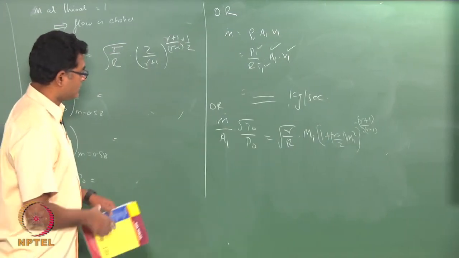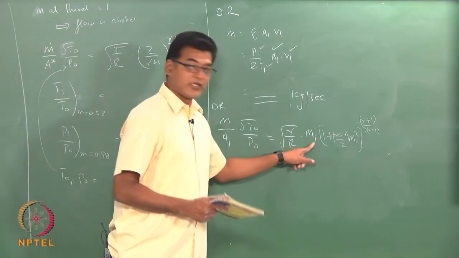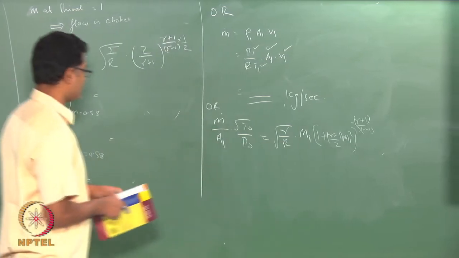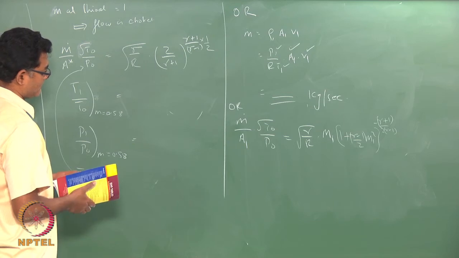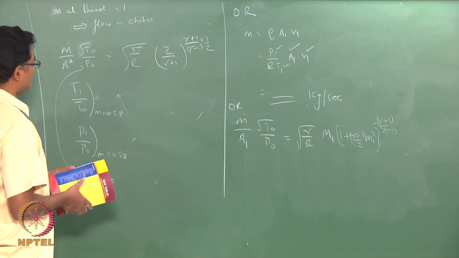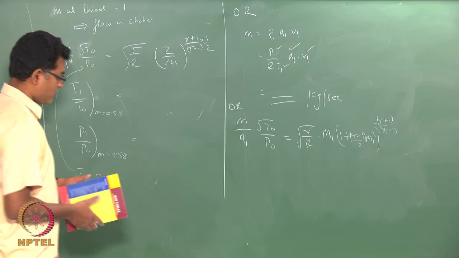Okay. So, your A1 is known, M1 is known, you can find your m dot.